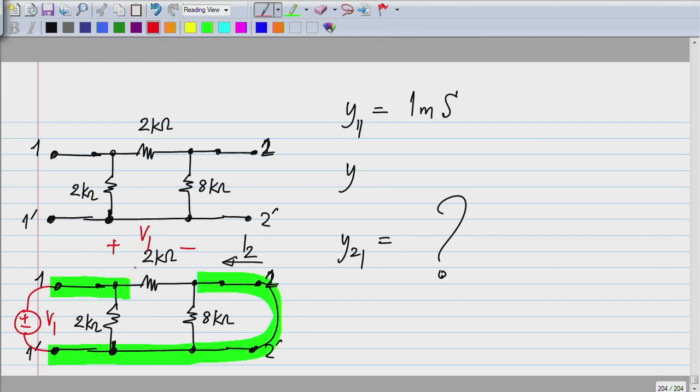So a current V1 divided by 2 kilo ohm will flow in this direction. Now what is V1 divided by 2 kilo ohm? It is V1 times 0.5 millisiemens.